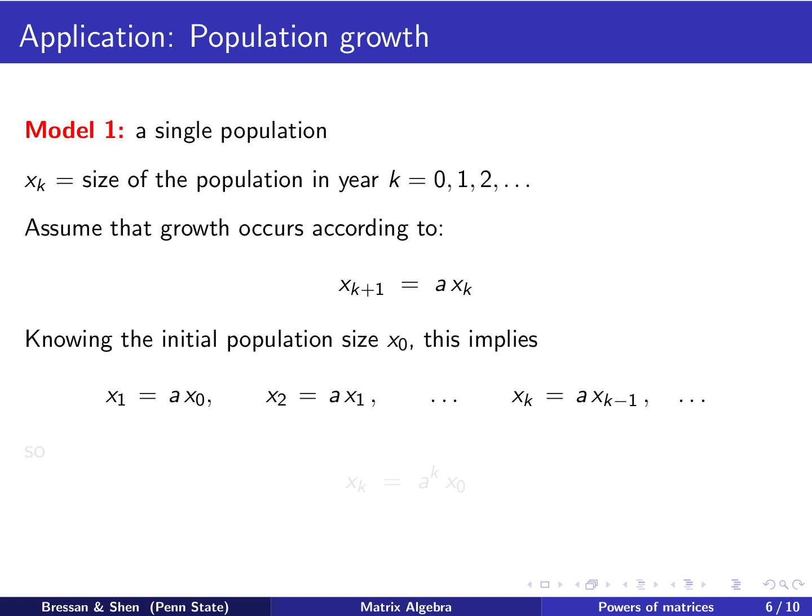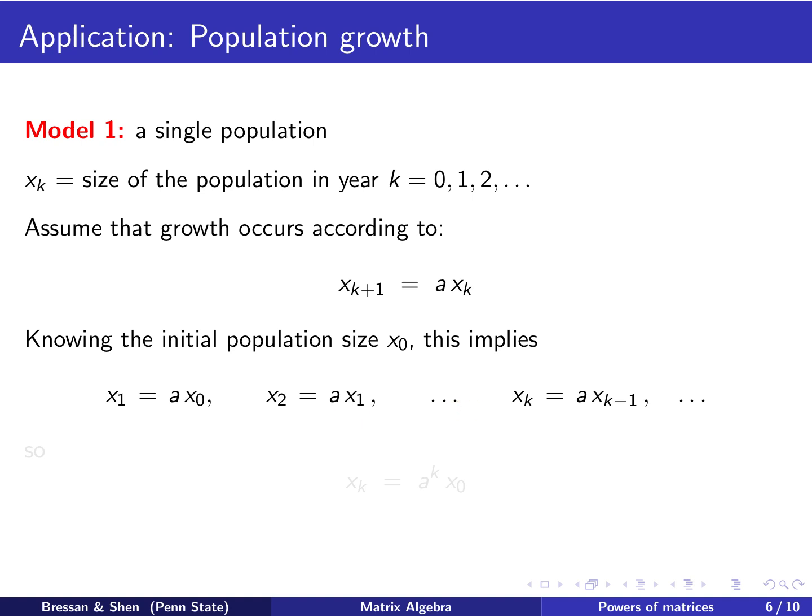This would imply that x_1, if you put k to be 0 here, is A times x_0. And then x_2 will be A times x_1, and if you plug in x_1, you'll get A squared x_0.